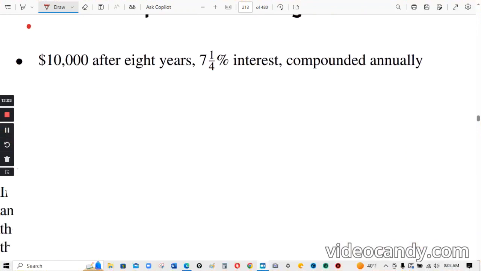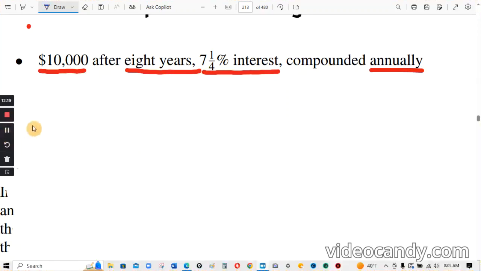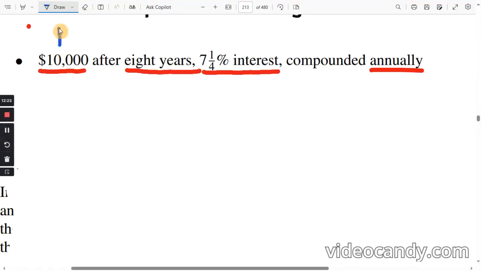All right, example number 2: we're investing $10,000 for 8 years at 7 1/4% interest compounded annually. So see if you can get that one started, please. All right, $10,000 is the initial amount, that's P. 8 years is the time. 7 1/4 is the interest rate.